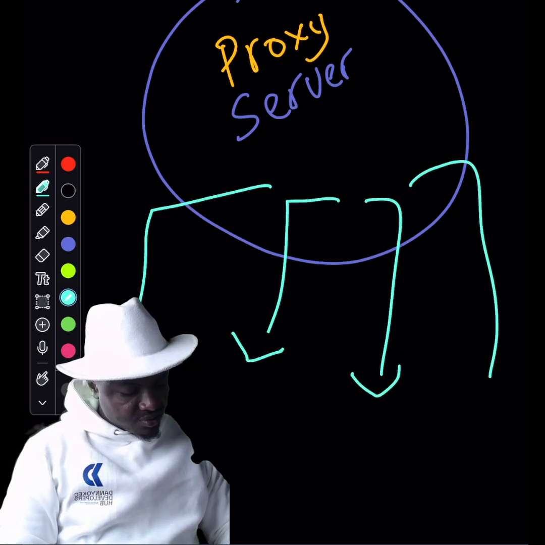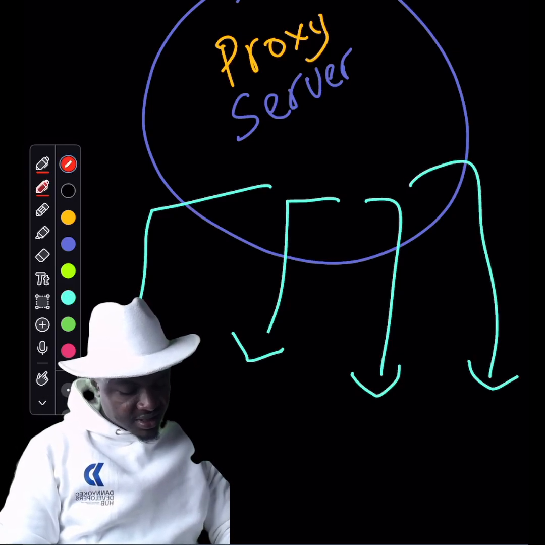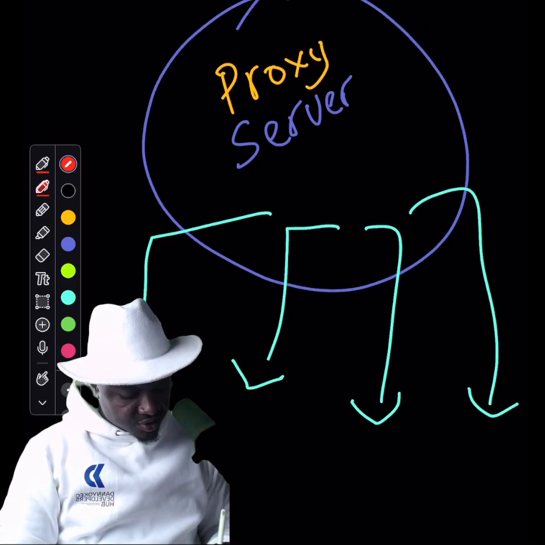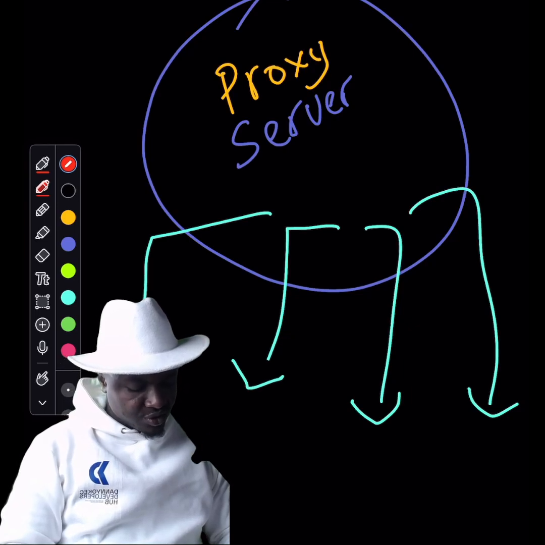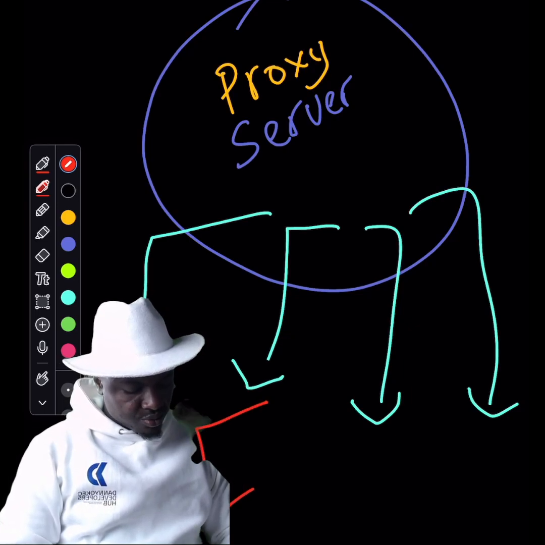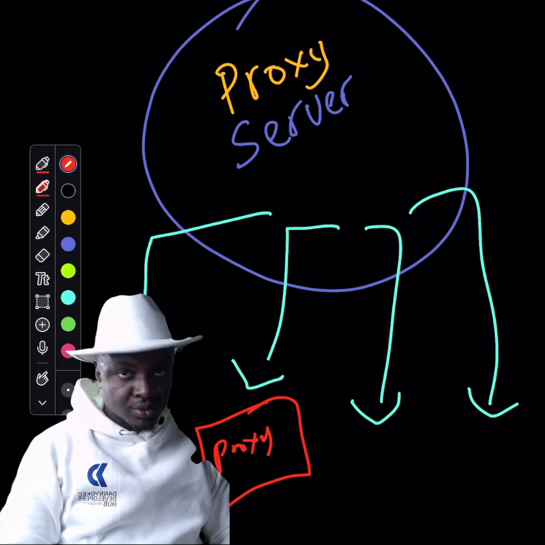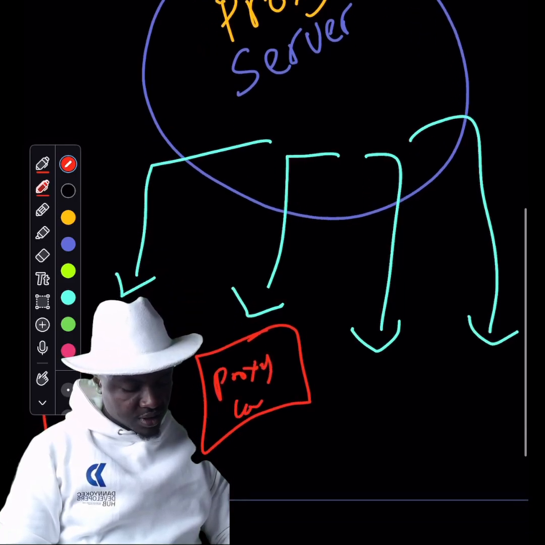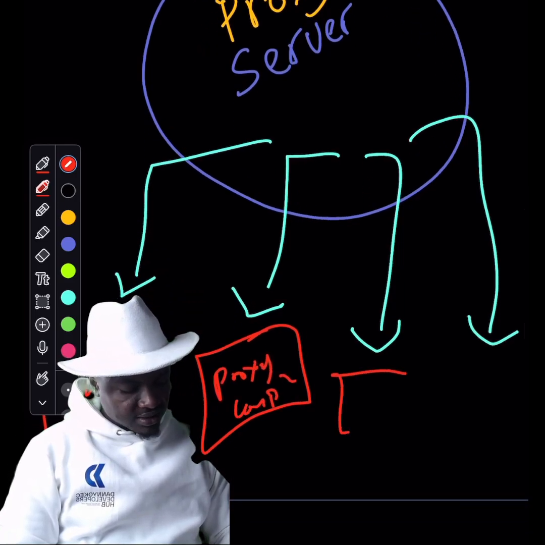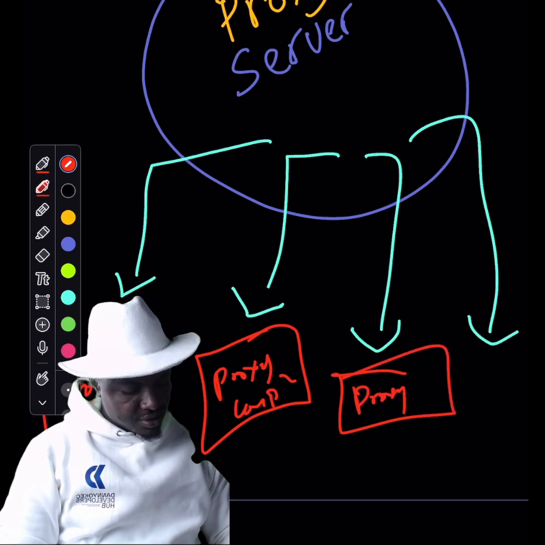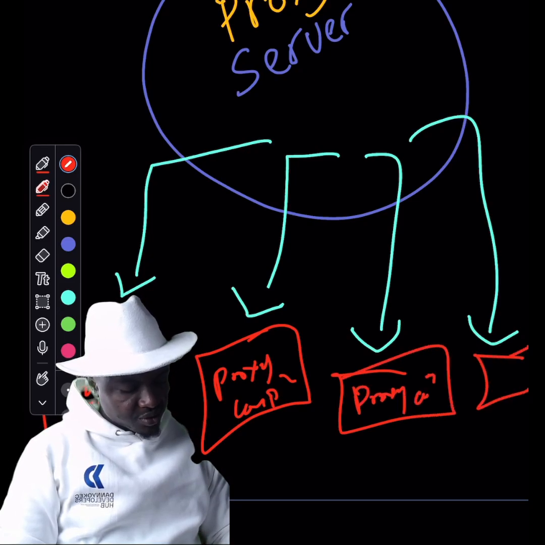So now this simply means that you can come in right here and I say, okay, this one is proxy computer 1, proxy computer 2, like that, proxy computer 3, proxy computer 4, blah blah blah.